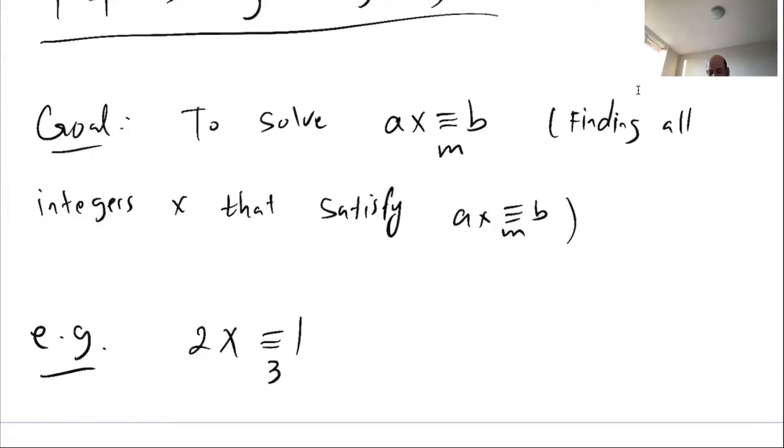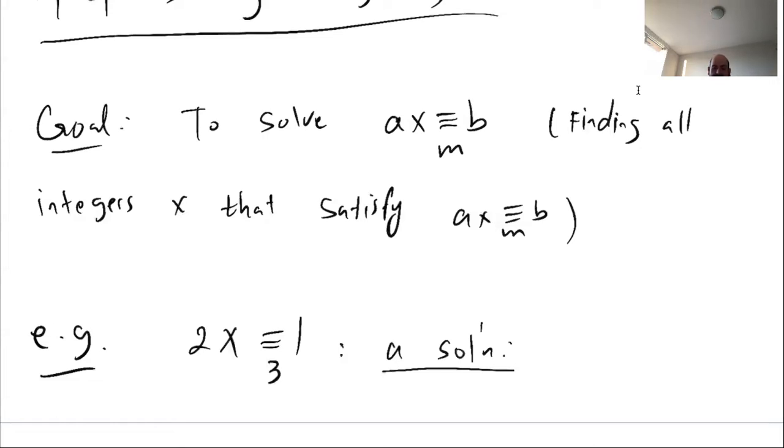So let's say you want 2x to be congruent 1 mod 3. Let's just do it by inspection for this example, and then I'll give you an algorithm for the general case.